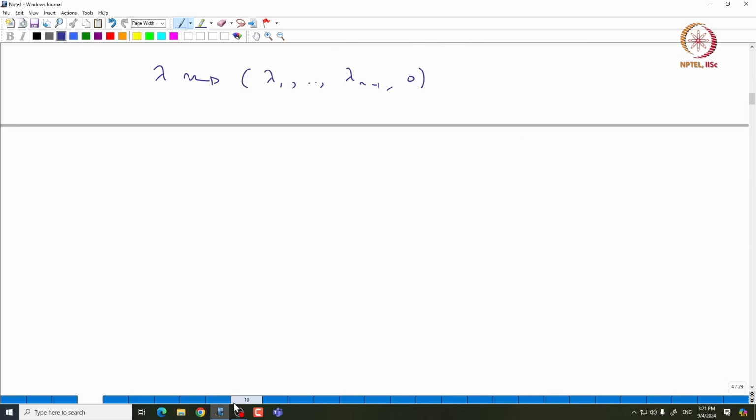Now, we have these integer partitions. Given these integer partitions, we can naturally represent an integer partition in terms of what is called a Young diagram. So, what is a Young diagram of shape lambda? Let us just define.